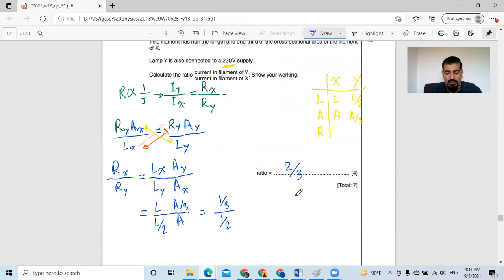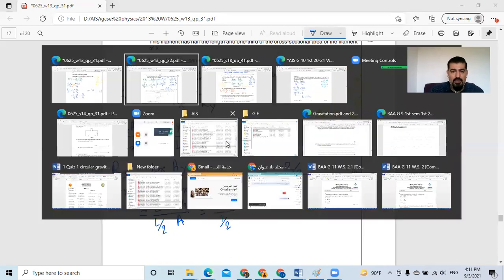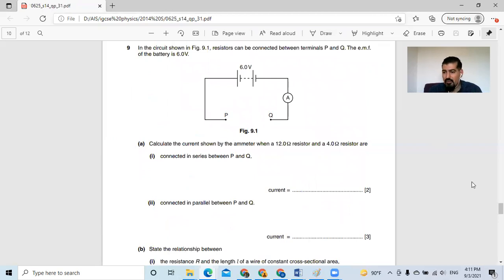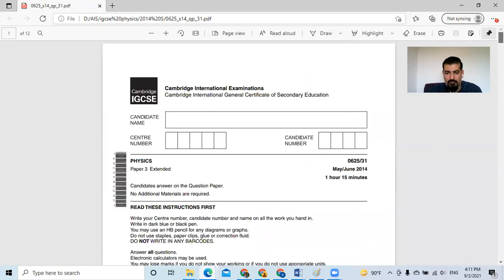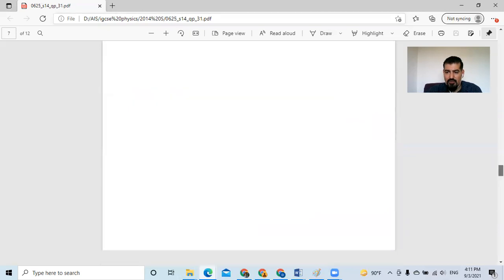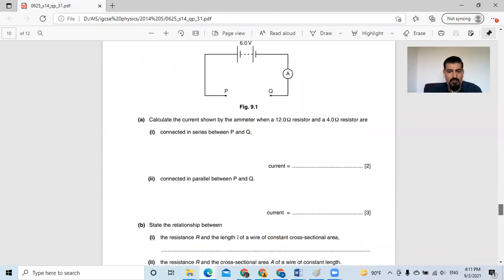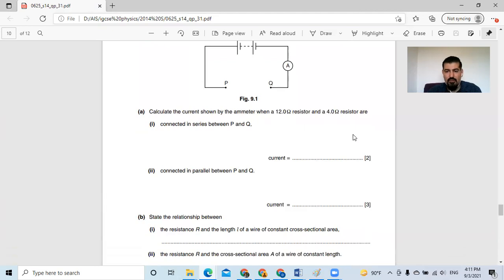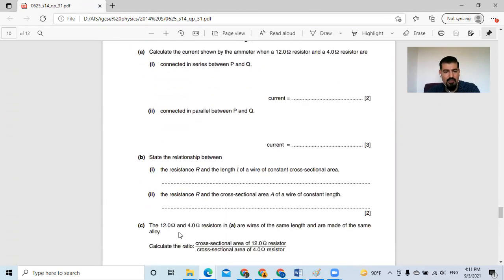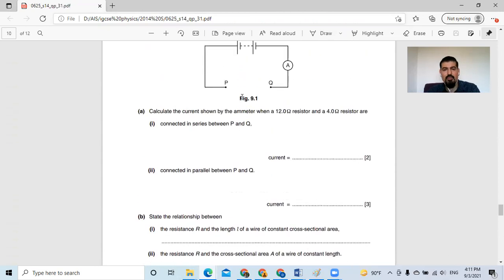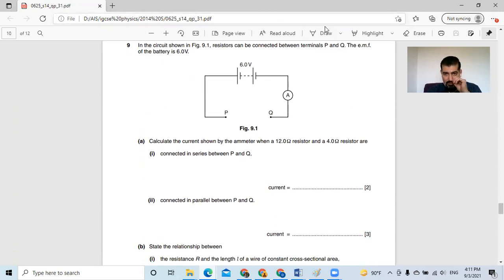Okay, last question, question number 9 from May/June 2014. Let's see the question. Parts B and C ask about what we learned now.